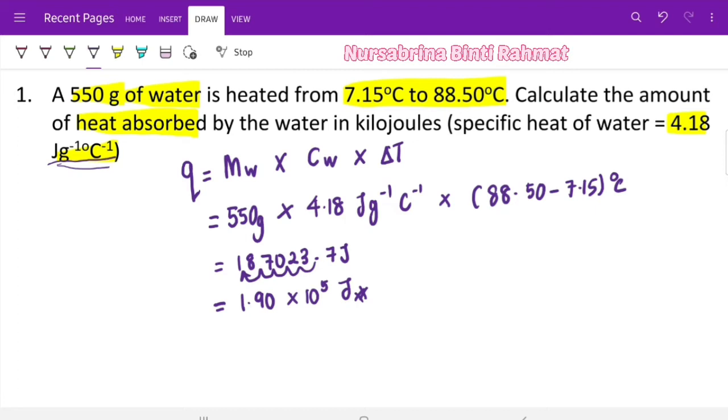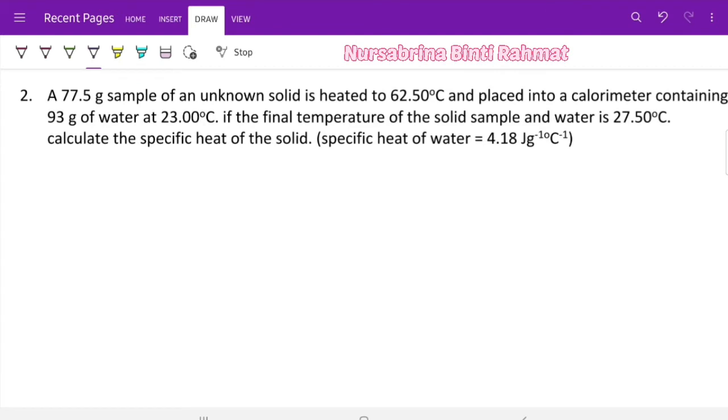So let's move on to question number 2. A 77.5 gram sample of an unknown solid is heated to 62.50 degrees Celsius and placed into a calorimeter containing 90 gram of water at 23 degrees Celsius.